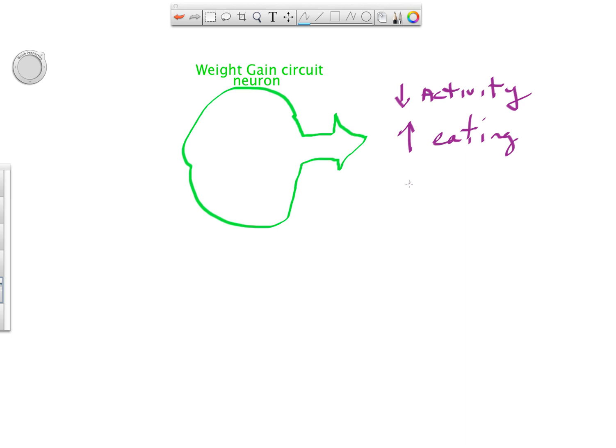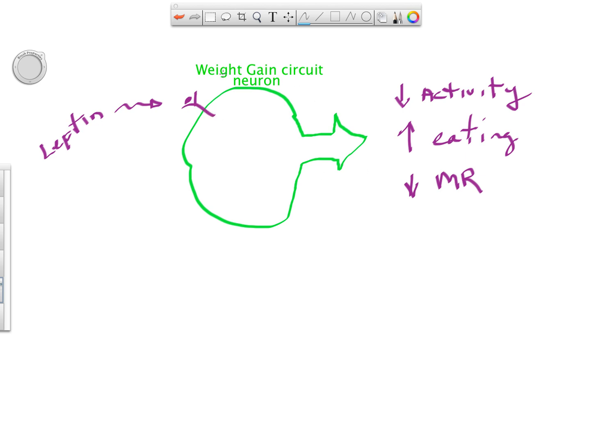A decrease in metabolic rate, of course. Again, leptin is going to interact with these cells because when weight is gained, leptin will bind to this receptor.